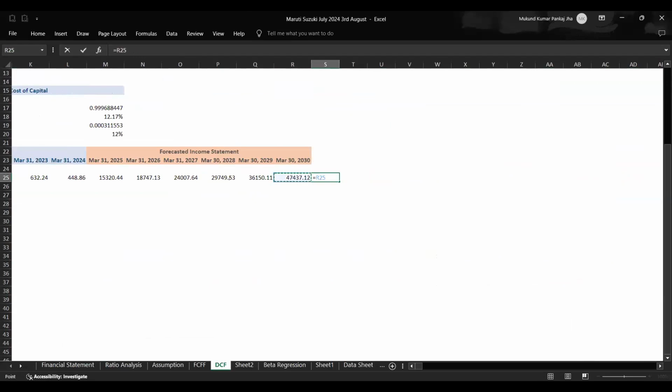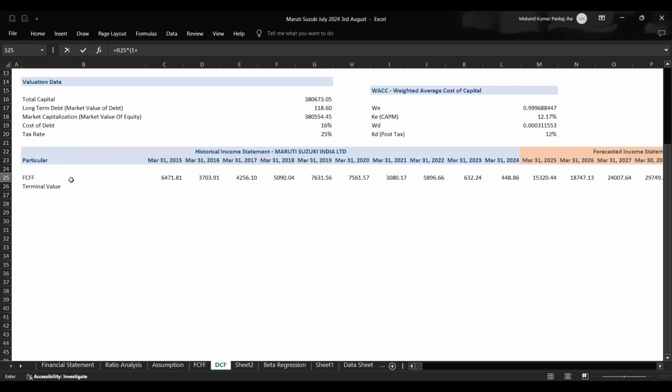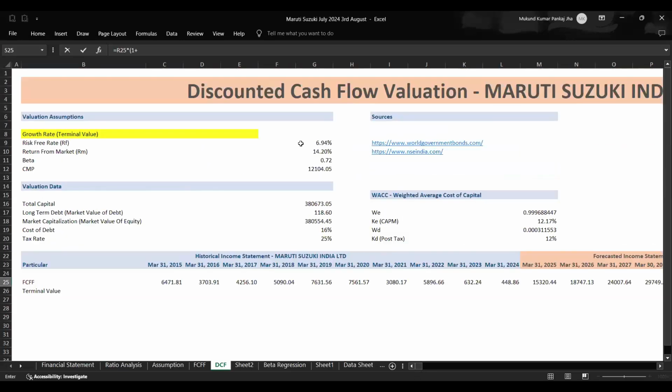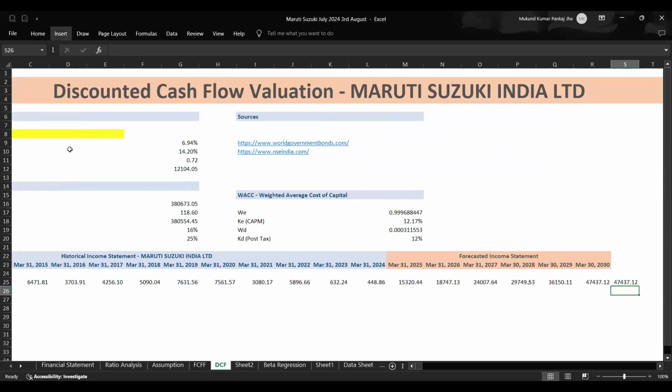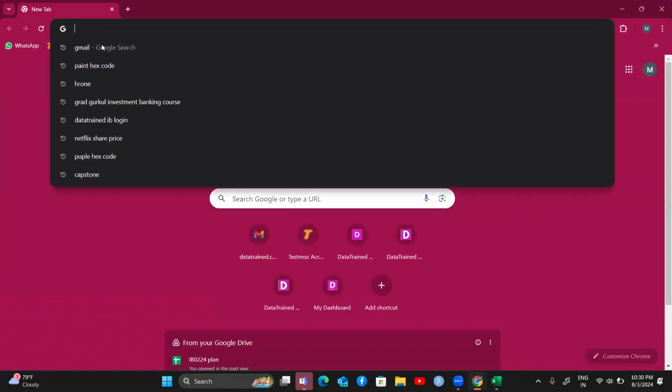The next year, the value of the firm would be last year into 1 plus growth rate. Now, we had not put in the growth rate of the terminal value. This growth rate would be nothing but the long-term GDP growth rate. Search for the long-term GDP growth rate of India, because Maruti Suzuki operates in India, and give me the source.